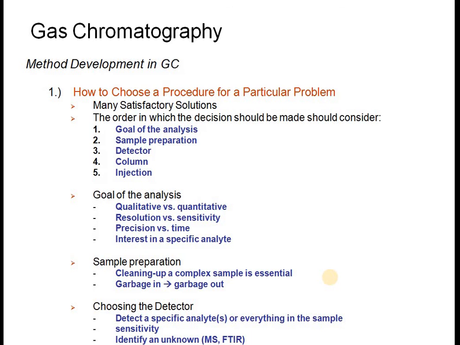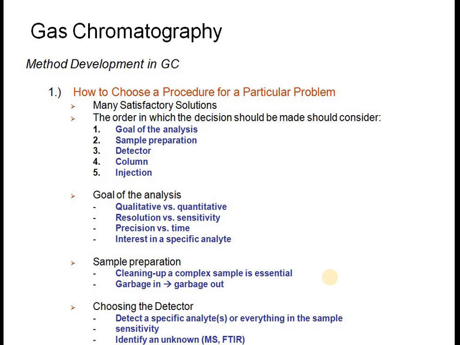Methods development in GC: how to choose a procedure for a particular problem. There are many satisfactory solutions, and the order in which decisions are made should be considered. Consider the goal of the analysis, sample preparation, detector, column, and injection. Goal of the analysis: qualitative versus quantitative, resolution versus sensitivity, precision versus time, and interest in specific analytes.